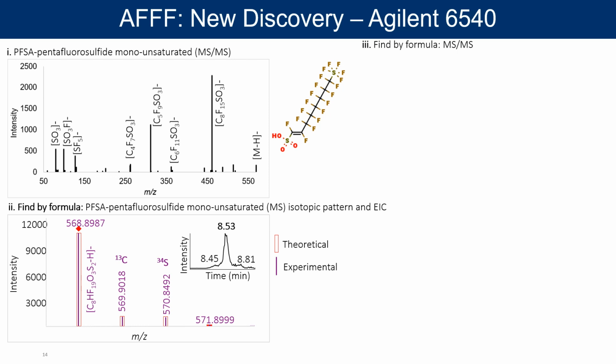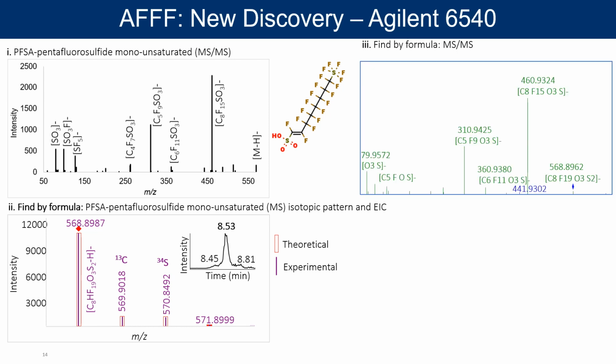And then we validated it using Agilent's Find by Formula, as the 2 sulfur units give a very unique isotopic distribution, as well as the ratio between the carbon-13 peak and the exact mass given the number of fluorines. And so the theoretical and the experimental isotopic pattern matched perfectly, and so we can be confident that this is the right formula.